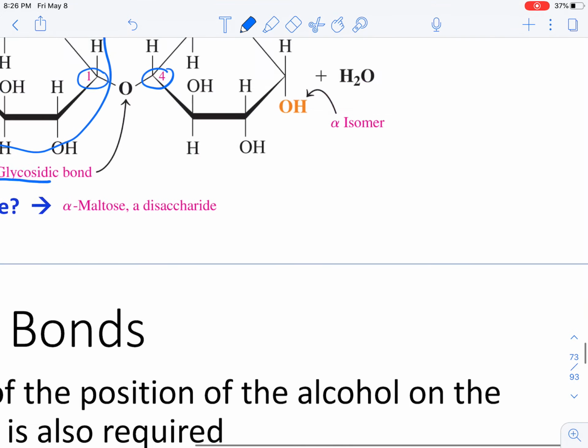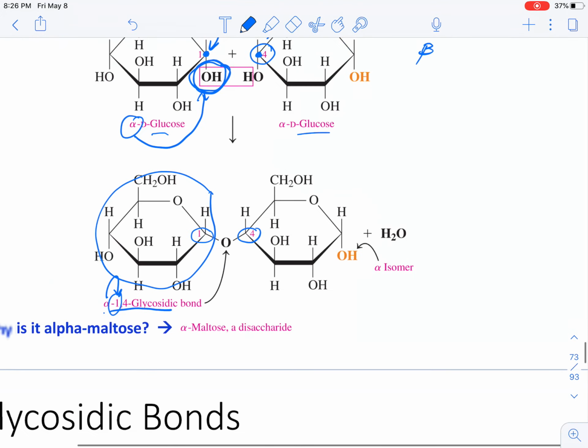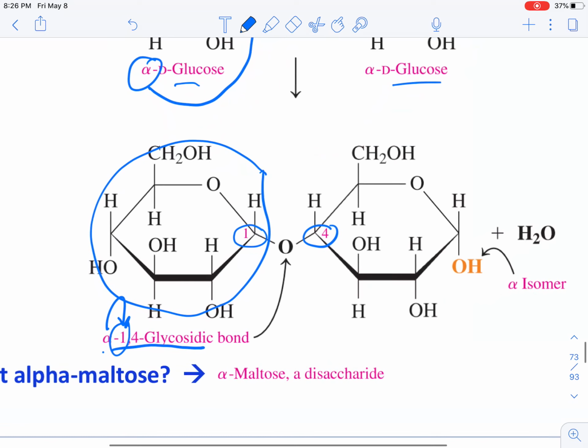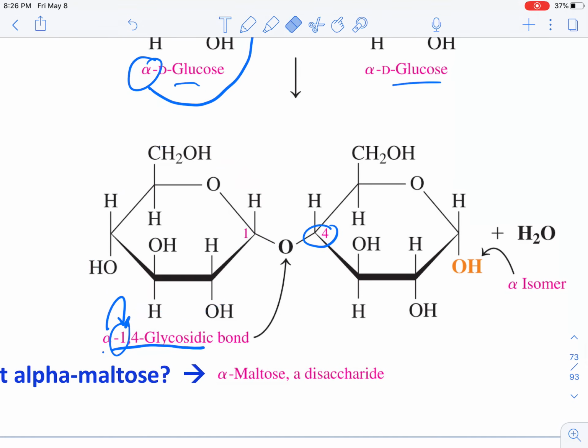Now, if you are looking at maltose and lactose, I'll scroll up here. Notice that only one of the carbons is anomeric, but the other carbon is not anomeric.